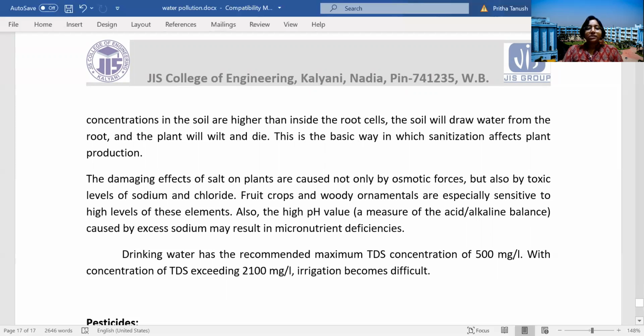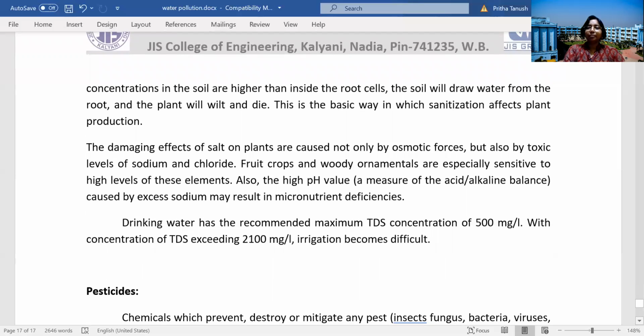If it exceeds 2100 milligrams per liter, like sea water, it is saline water. If the concentration of TDS exceeds 2100 milligrams per liter, irrigation becomes very difficult. So water at the fresh water level, which is used for drinking purposes, is recommended, that is 500 milligrams per liter.